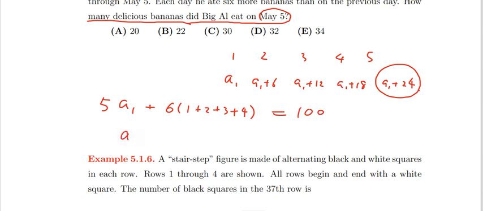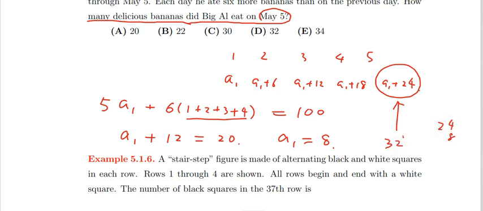So this is 10, divided by 5 it's 12, 520 divided by 5. So A1 equals 8. So this number is 24 plus 8, 36. No, 24 plus 8, oh, 32, yeah.